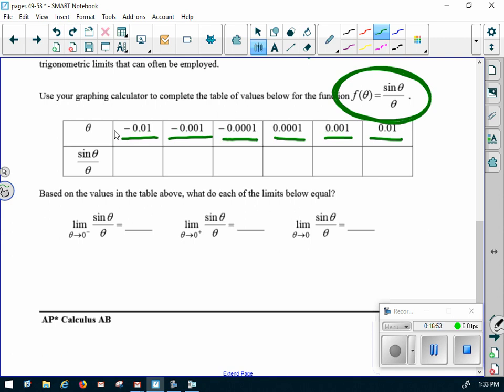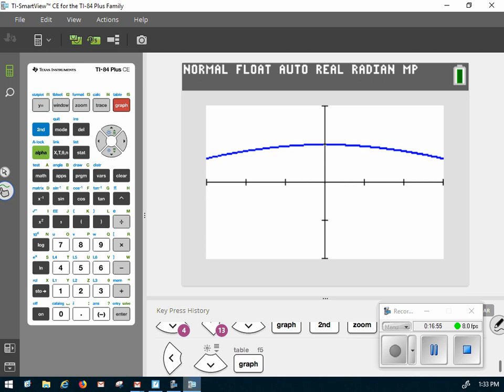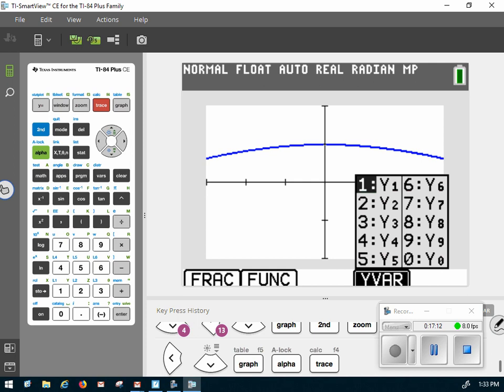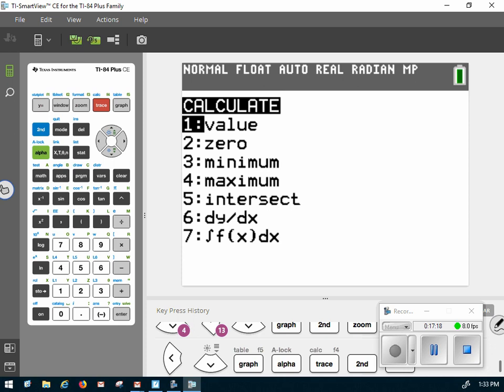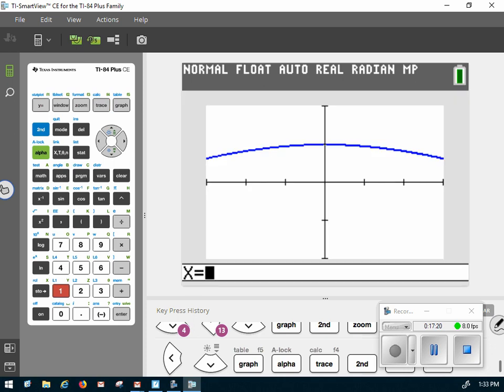So go to your calculator. Probably the quickest way to do it is to go to Second Calc, option 1, we're going to do value.